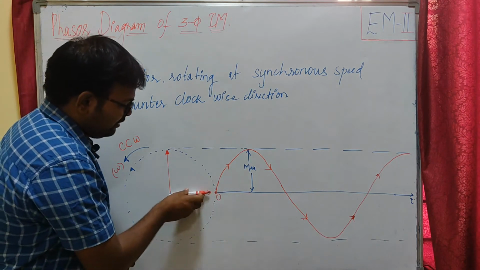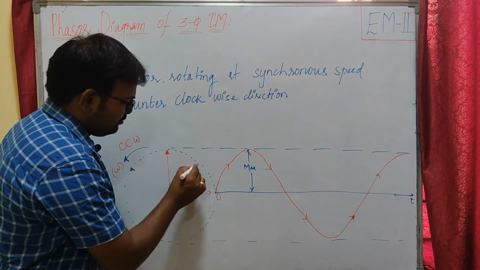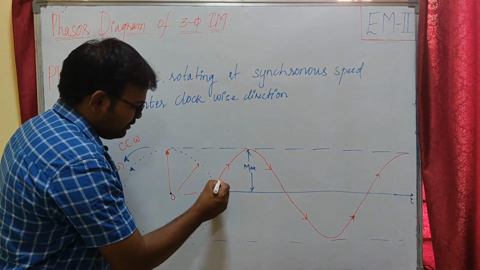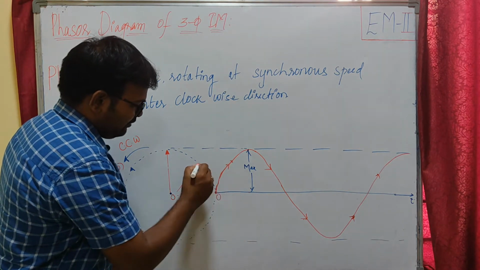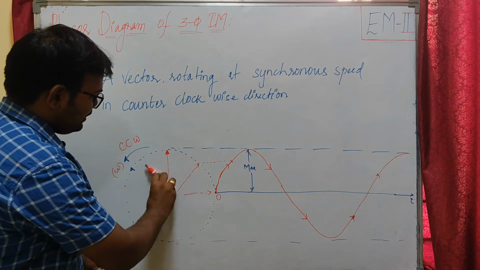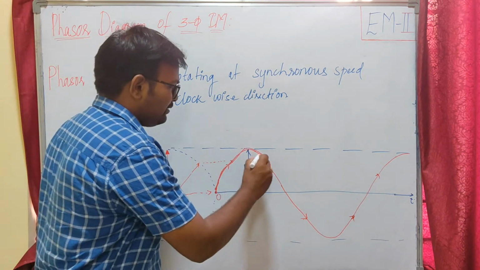Whenever our phasor shifts to, let us assume, a 45-degree angle, our waveform will shift to 45 degrees. So this is how our phasor rotates in counterclockwise direction and tracks a sinusoidal waveform.